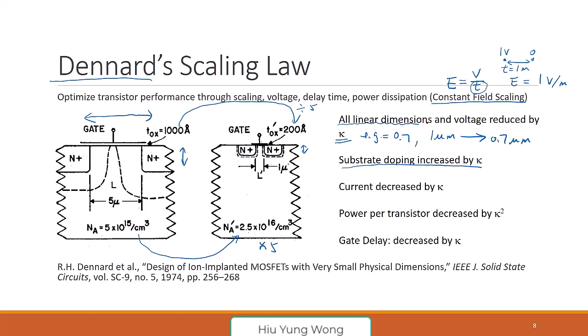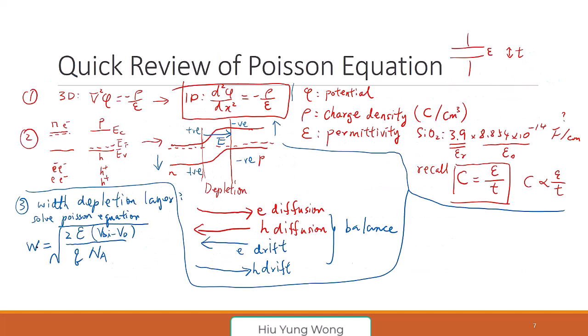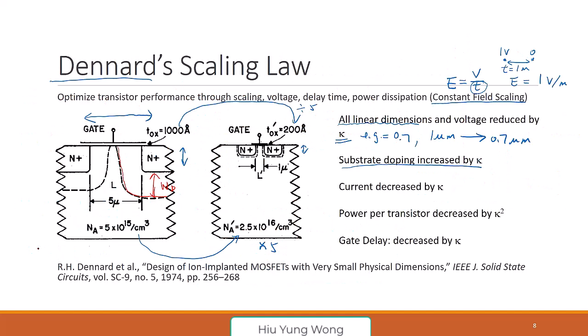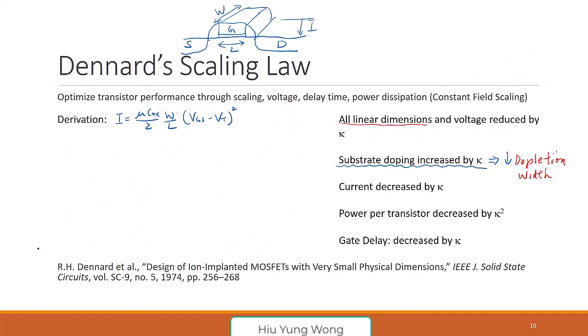This includes the depletion width. What we are drawing here is the depletion width. This is the W, and let me call it WD, just so that you won't get confused later. So our goal is to reduce the depletion width WD.